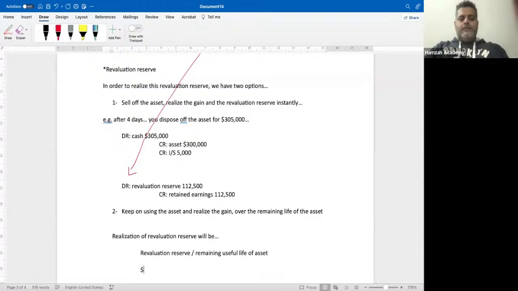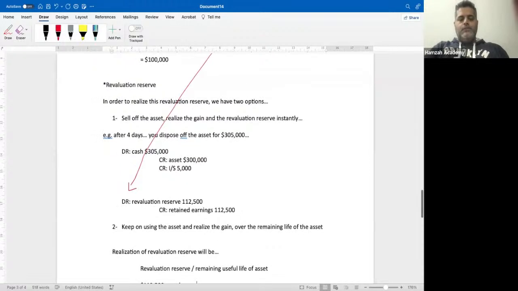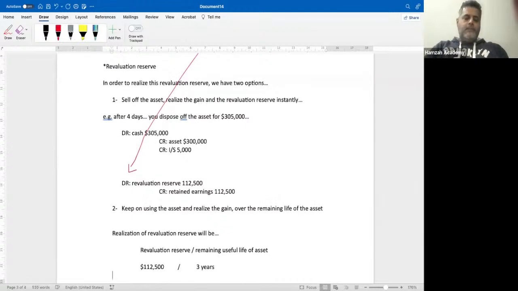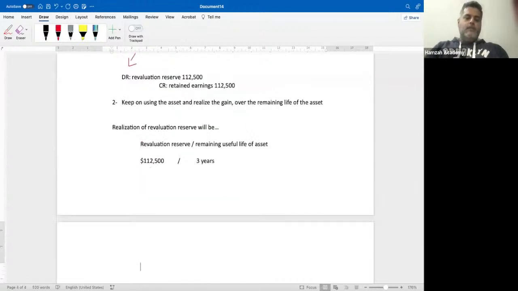So the revaluation reserve is 112,500. Remaining life was what? 3 years, right? So that's going to be 112,500 divided by 3.